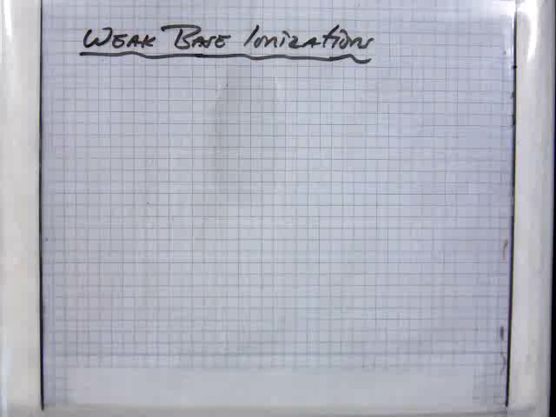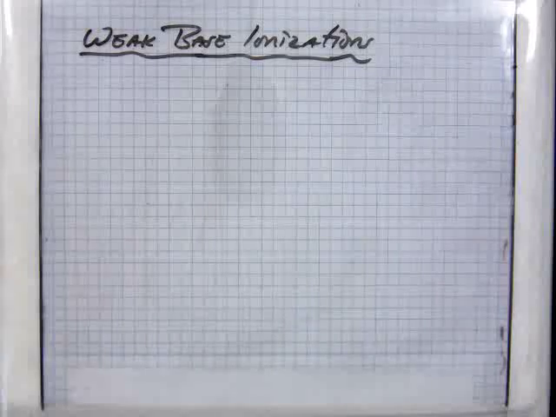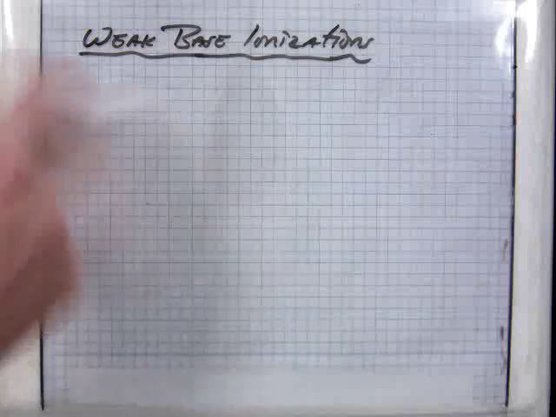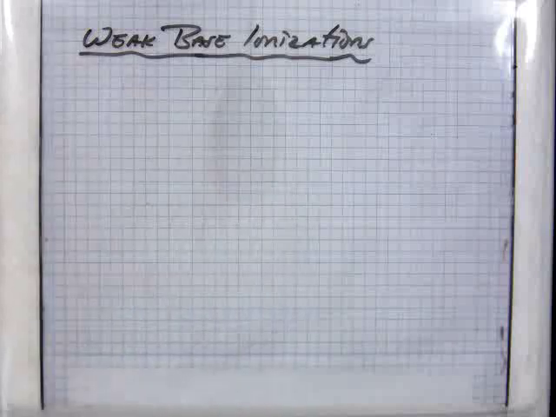Now, when we talk about weak base ionizations, we first need to realize what a weak base is and what is the reaction for a weak base ionization. You don't have the multiprotic or multi-hydroxide structures in these ionizations. You only have one ionization.